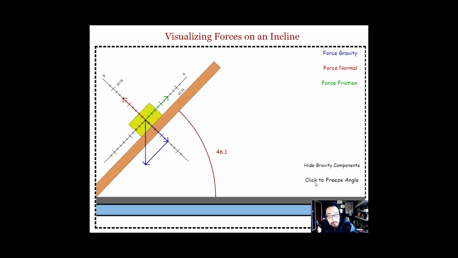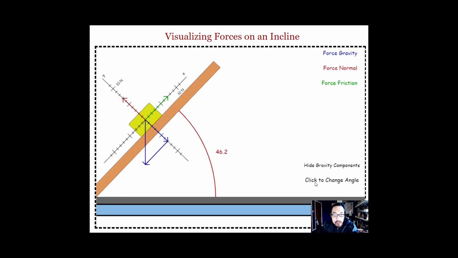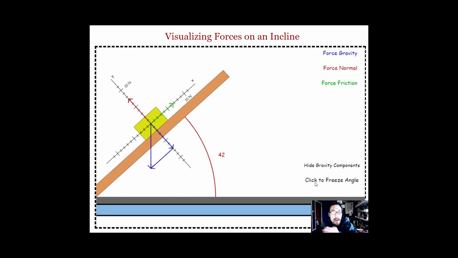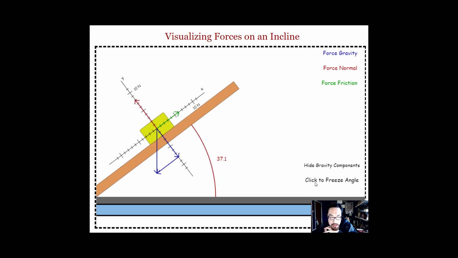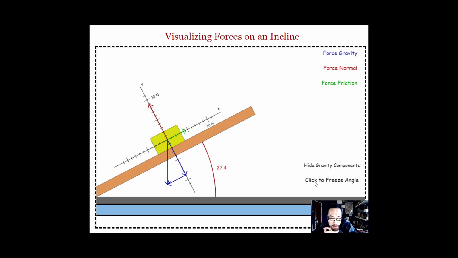So see what component is also increasing to cancel it out. And if you said it's one of the force of gravity components, you'd be correct, right? It's the one that is parallel to the surface. And we can see that as the incline decreases, that component also decreases with it.